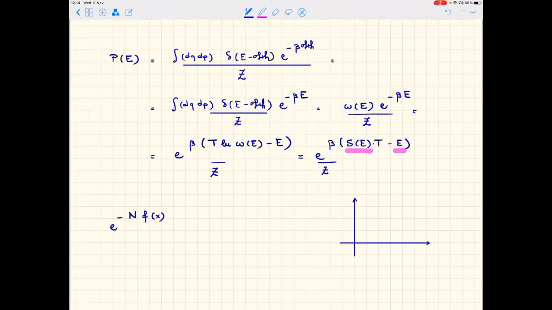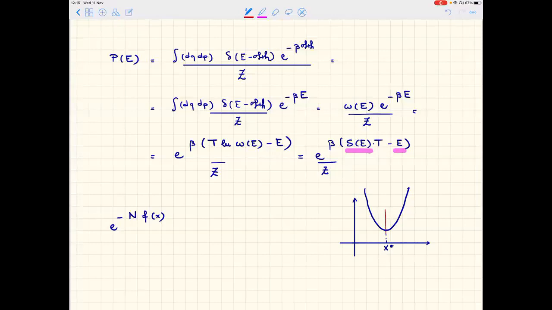If f of x looks like this, it's a function that has a minimum at a certain value x star. Then the probability distribution e to the minus n times f of x is going to look like this.